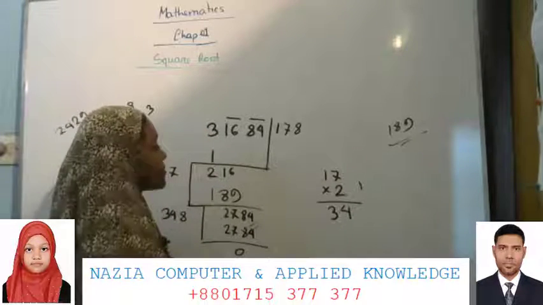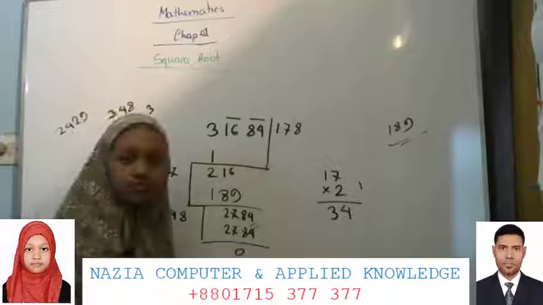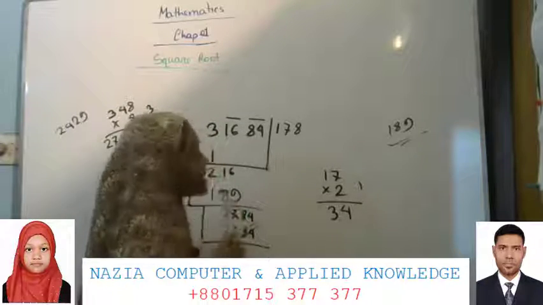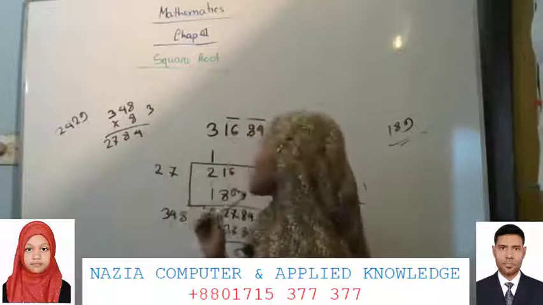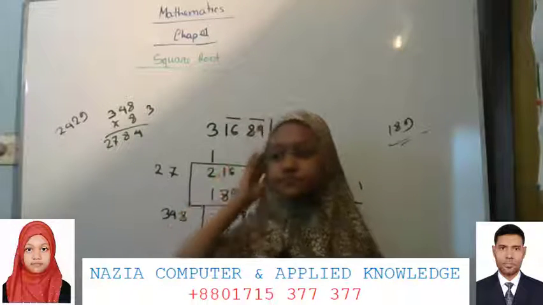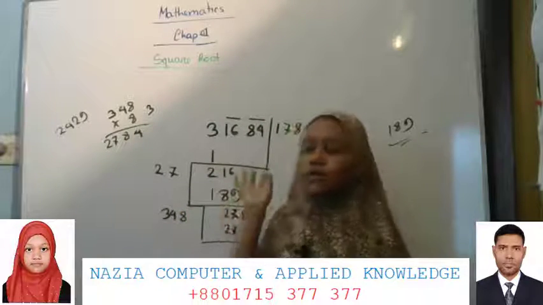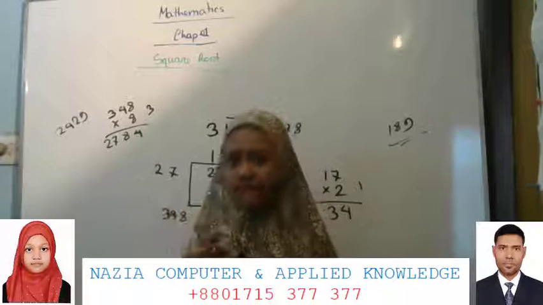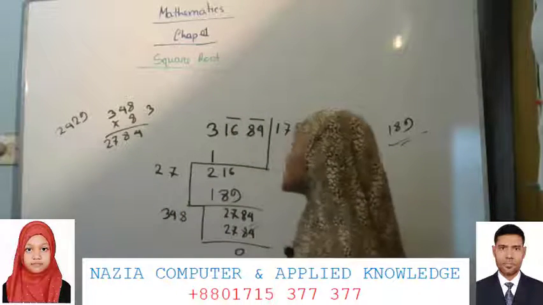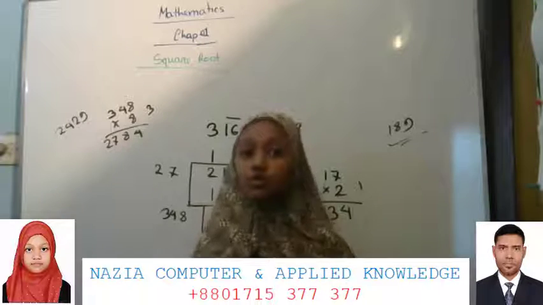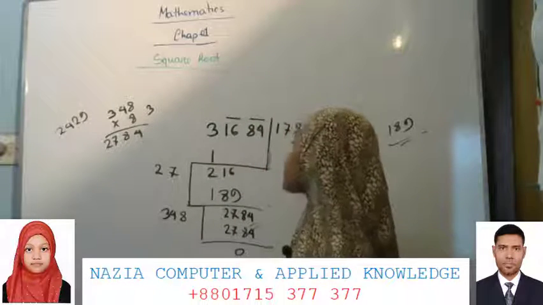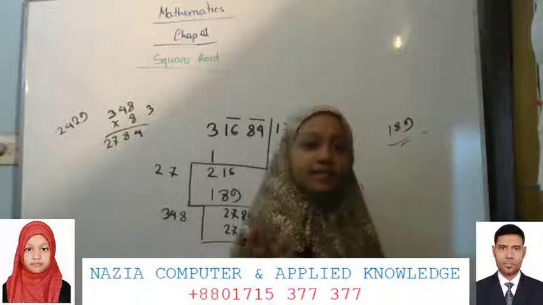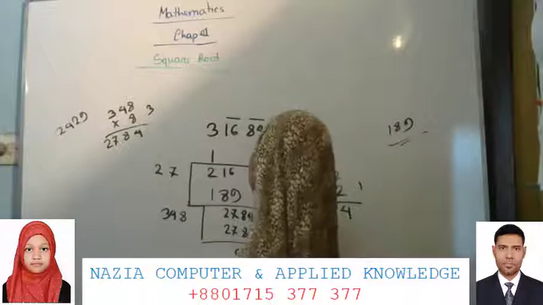So I hope you have understood how to find a square root in two processes. The first one is prime factorization and the second one is the division method. So please try it at home so that you can learn very fast.